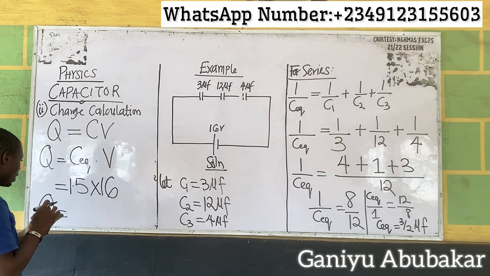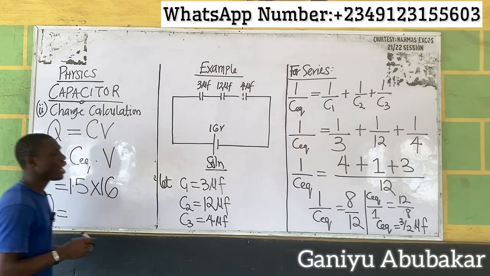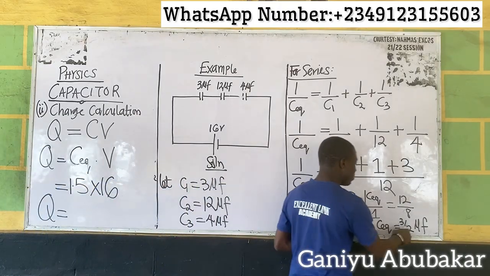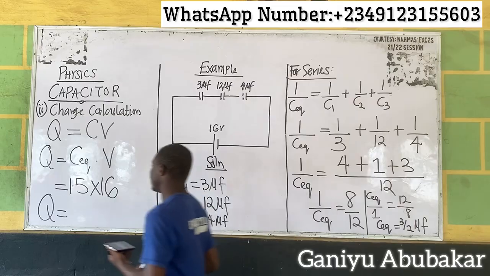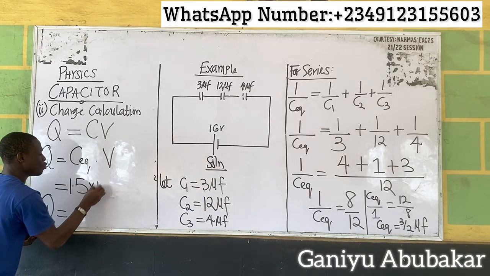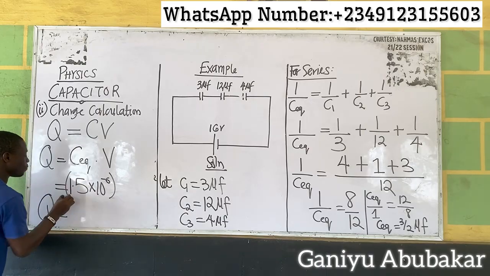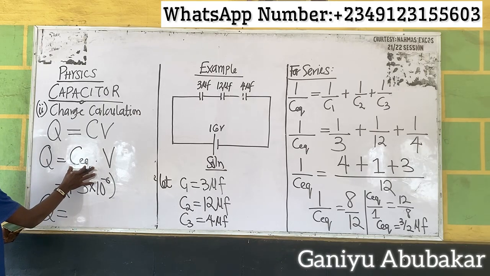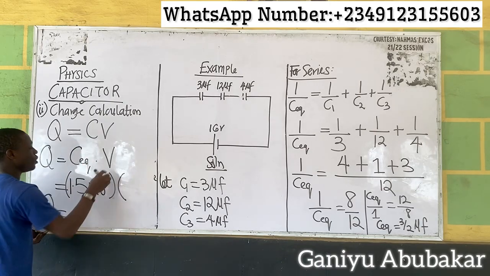All right. So obviously, we had 2 over 3 microfarad. I need to attach the value of micro. Micro is 10 to the power minus 6. That's for CEQ. Then your V is 16.